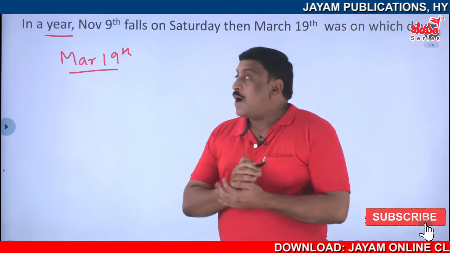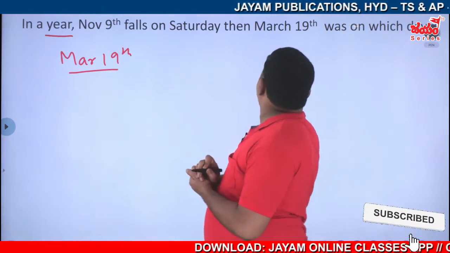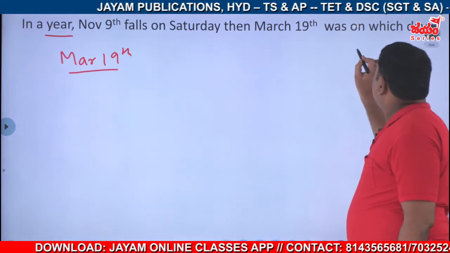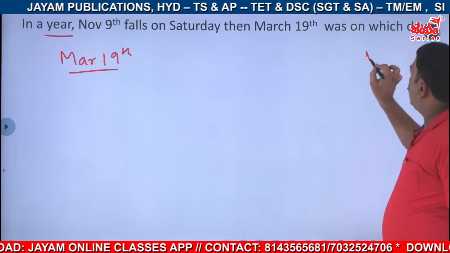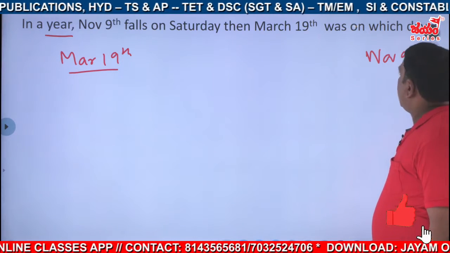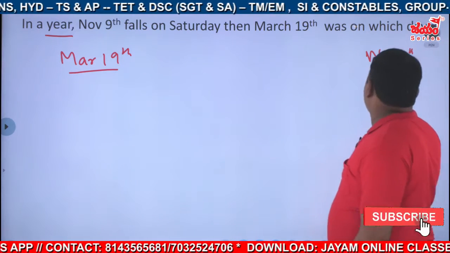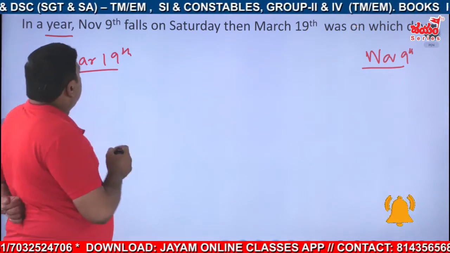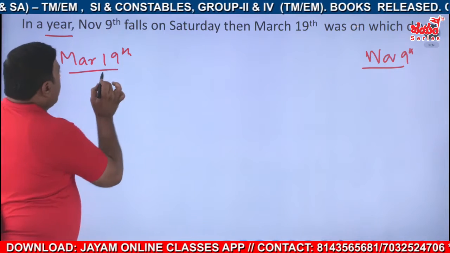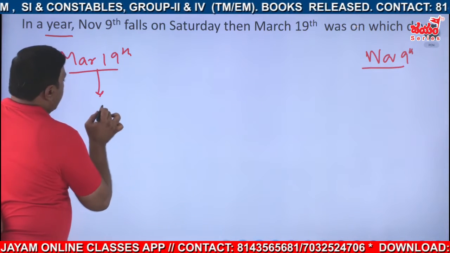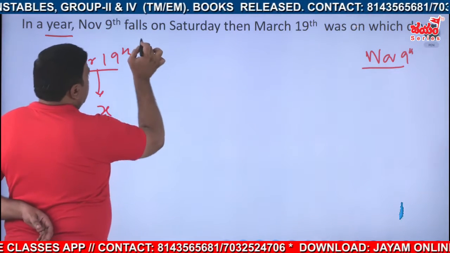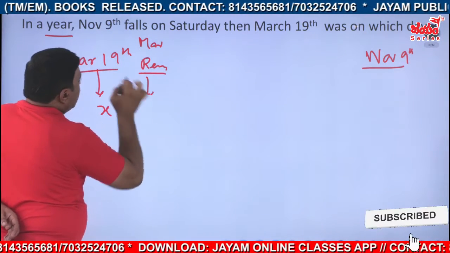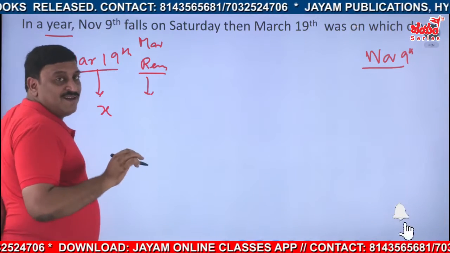So, March 19th, it is Sunday. From here, November 9th. I will write a little bit. But November 9th is on which day? Saturday. Okay, we'll see that one. Let me start here now. March 19th, we don't know that one. That is X. Then March remaining. That is 19 plus how much is 31? 12 days.